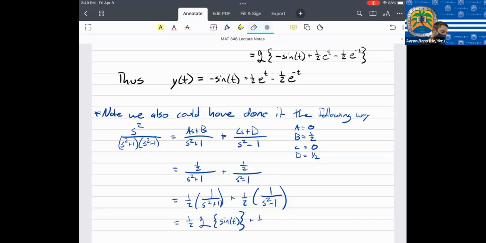I'll at least continue this before we go find it. If I do 1 over s squared minus 1, that is the Laplace transform of what?